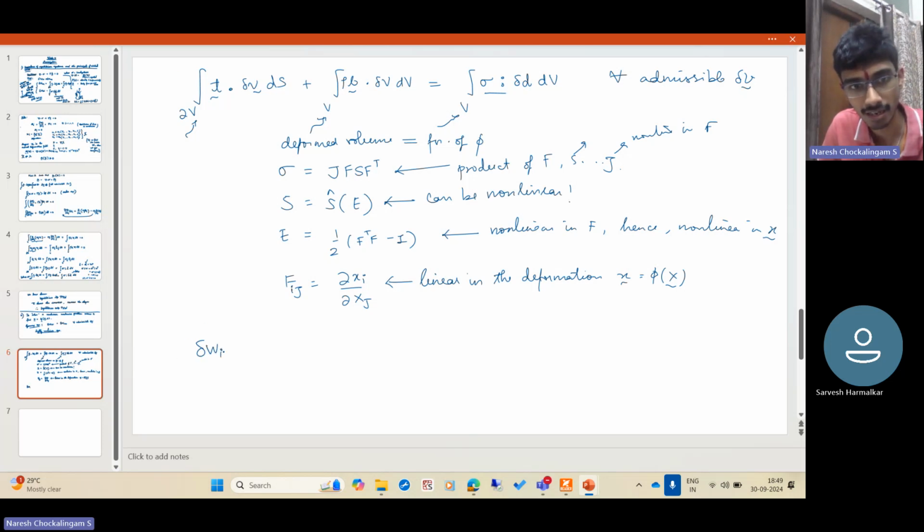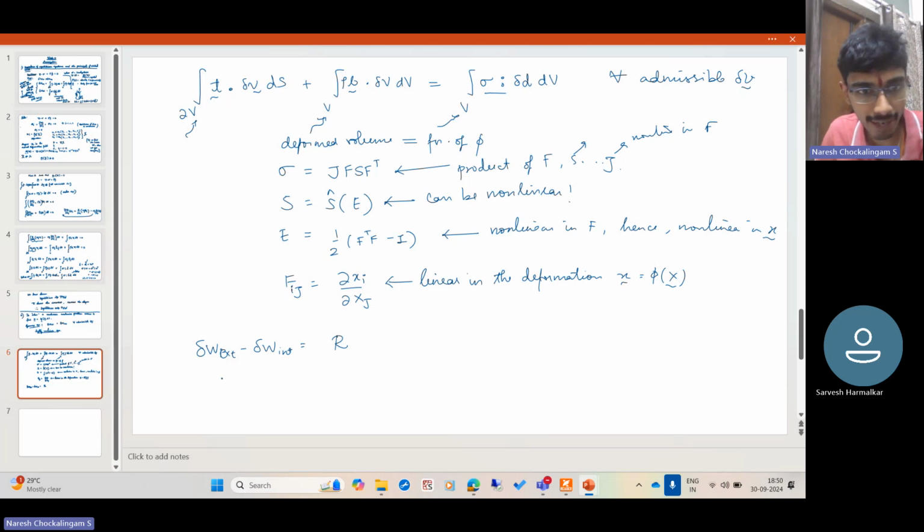So let's say W external minus W internal is equal to some R. I have already used R, so I can just use a capital R; here it's a scalar R. So this is the residual.